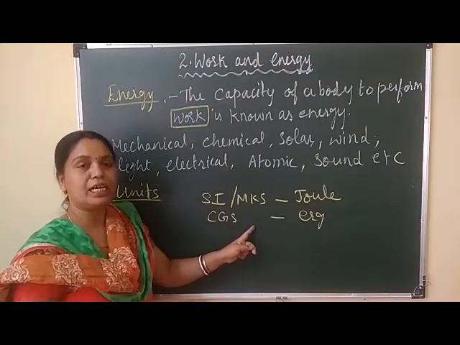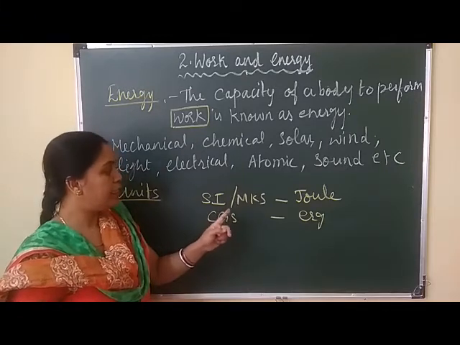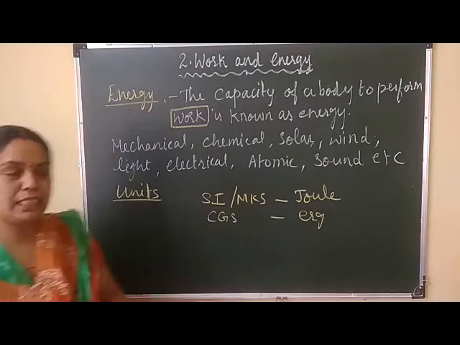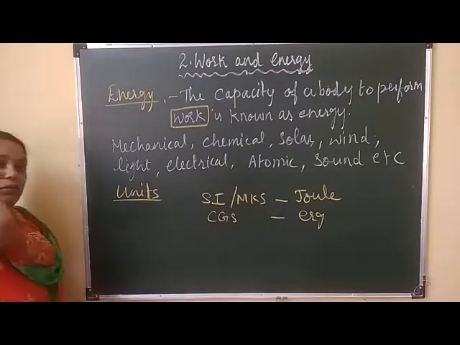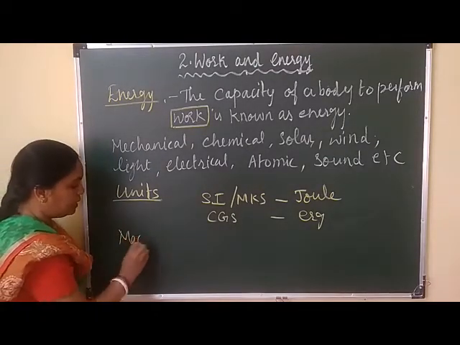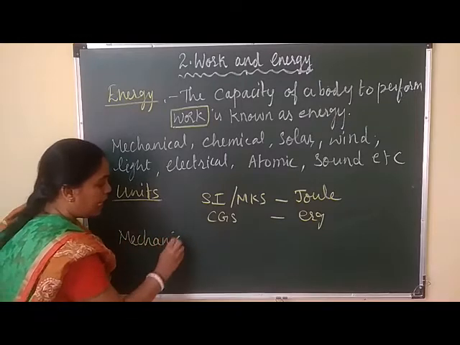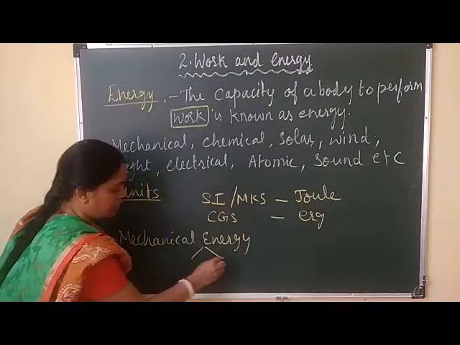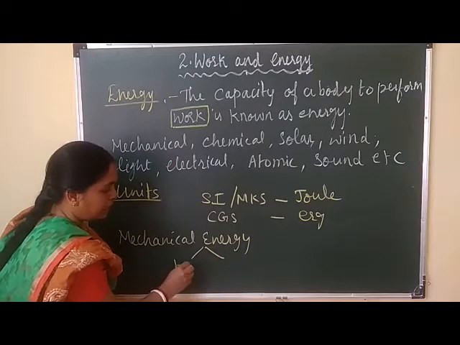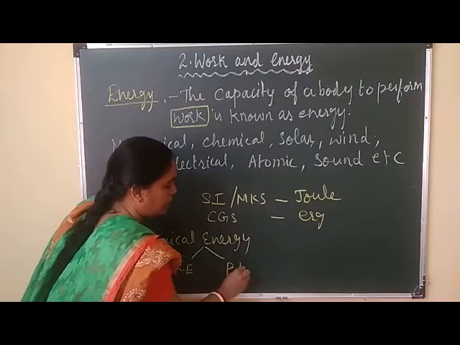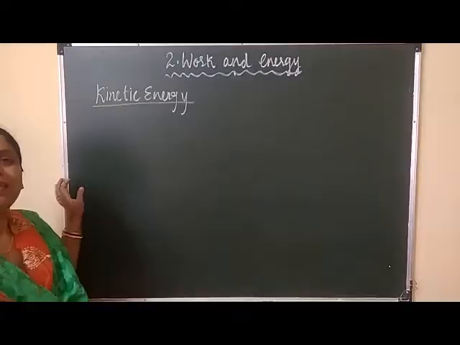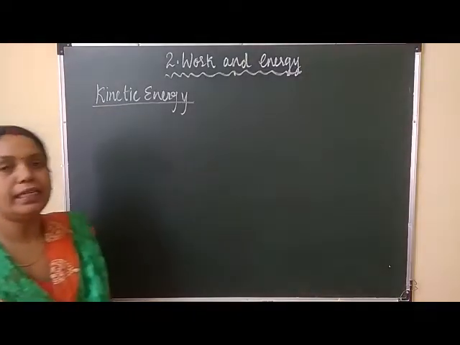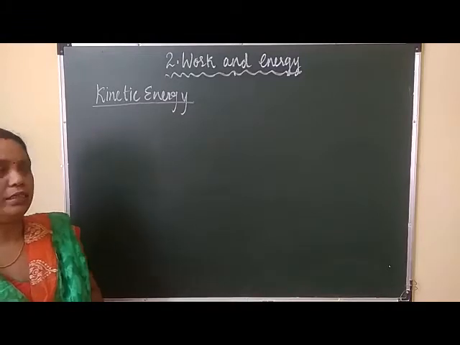Work and energy are correlated, so their units are also the same. In this chapter, we will study mechanical energy and its two forms, that is kinetic energy and potential energy. There are two forms of mechanical energy, kinetic energy and potential energy.